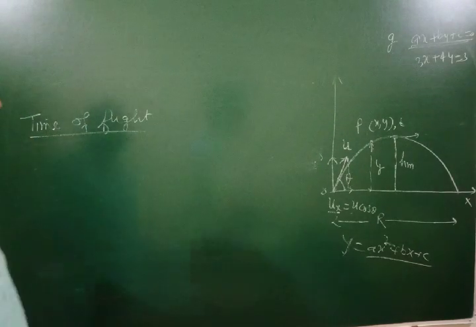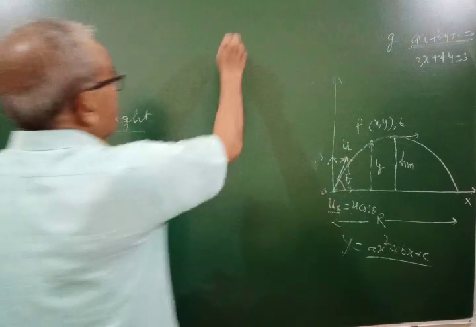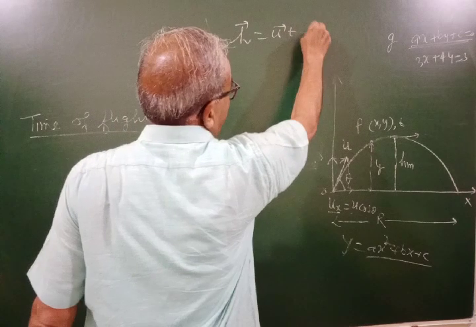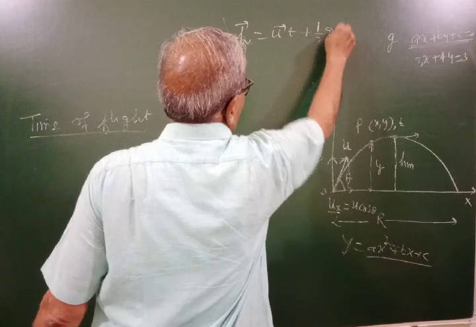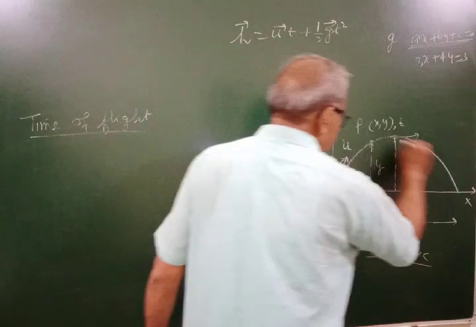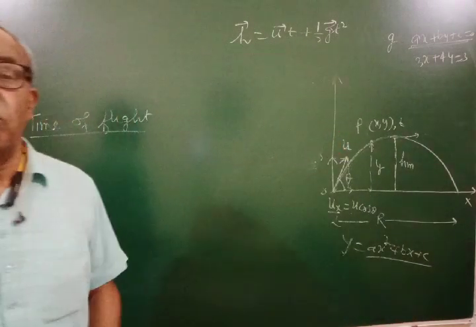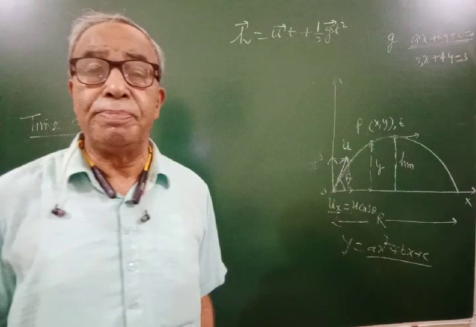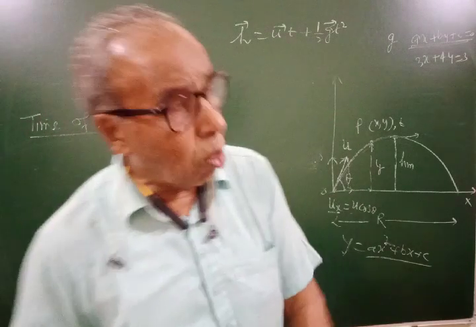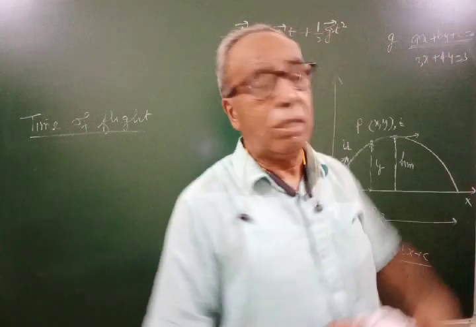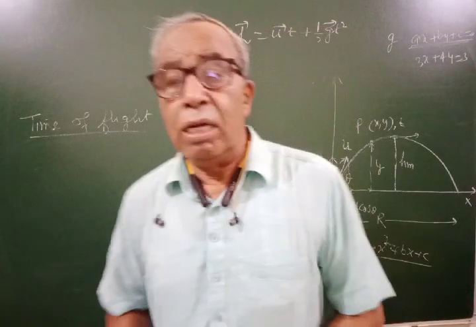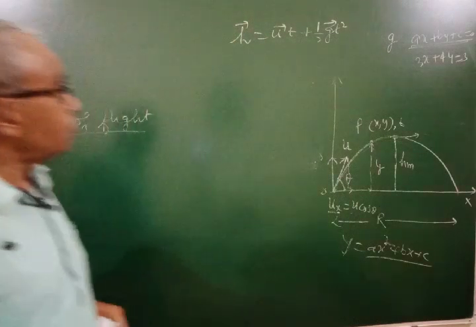So I use here the vector form of the equation, h equal to ut plus half a t square. In total time of flight, if the particle is thrown from the ground and returns to the ground, it may happen that you throw from the ground but the particle stays at a certain height, as it falls on the terrace of a building.